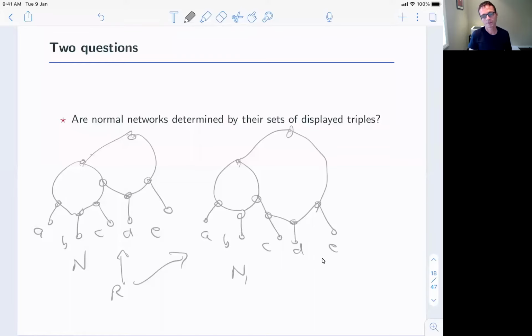And you ask the question, are tree child networks determined by their sets of triples and quads? And the answer is no, they're also not. I can go back to my two level 1 networks. They're tree child; level 1 networks are always tree child.